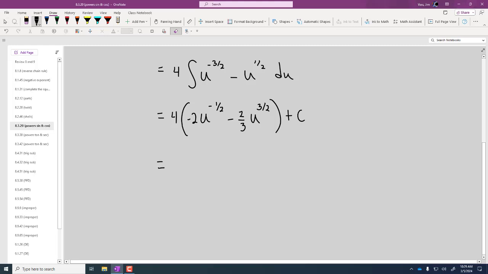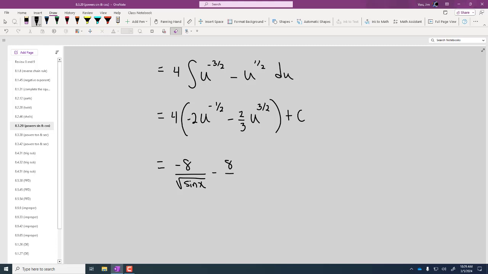And the last step, distribute the 4, back substitute. For u, we said that u was sine of x. So this is going to be negative 8 sine of x to the negative 1/2. So that's the square root of sine of x in the denominator. Minus 8/3 times sine of x raised to the 3/2 power plus c.